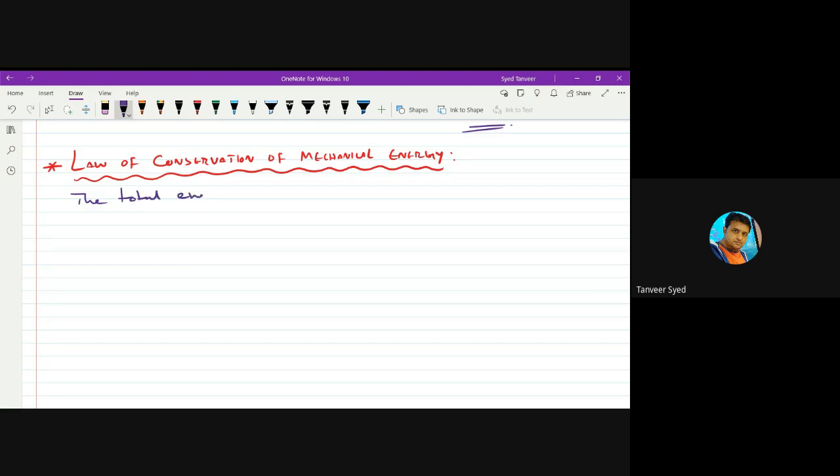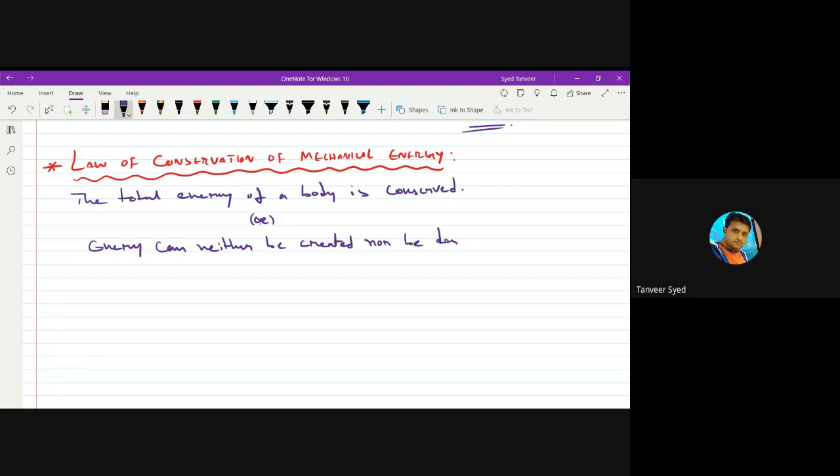The total energy of a body is conserved, or in other words, energy can neither be created nor be destroyed, but can be converted from one form to another.